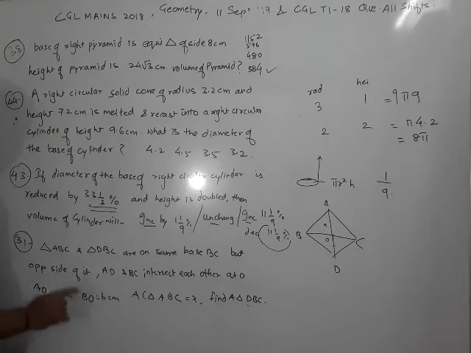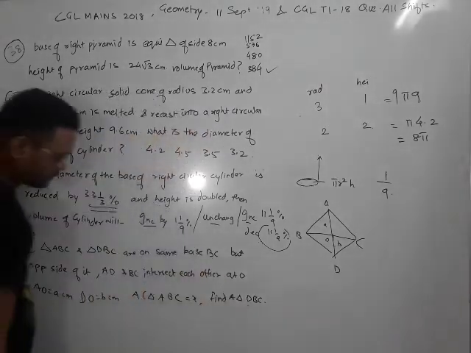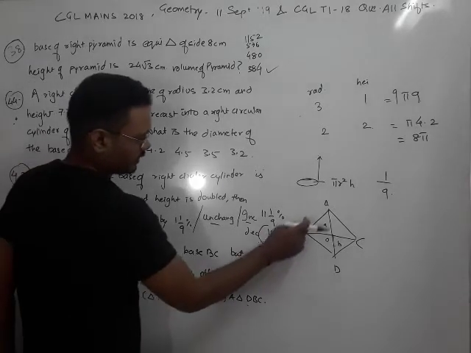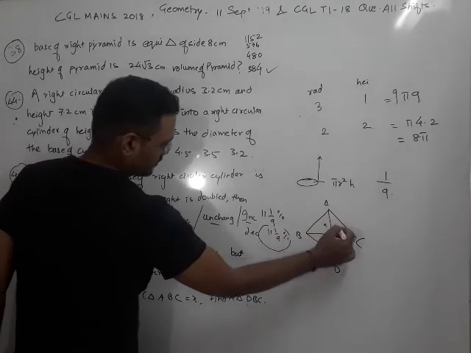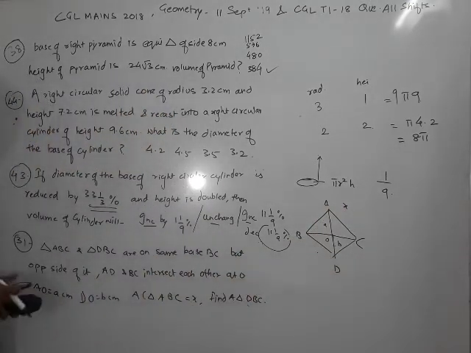AO is a, DO is b, not BO. DO is b. Area of triangle ABC is x. What is the area of triangle DBC? Options. So most important.